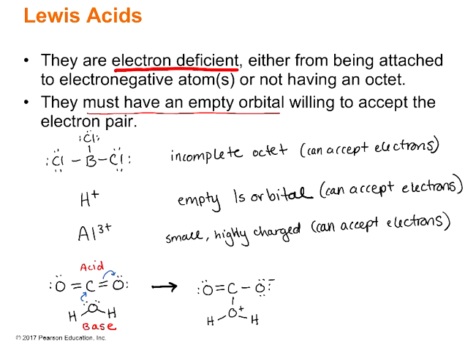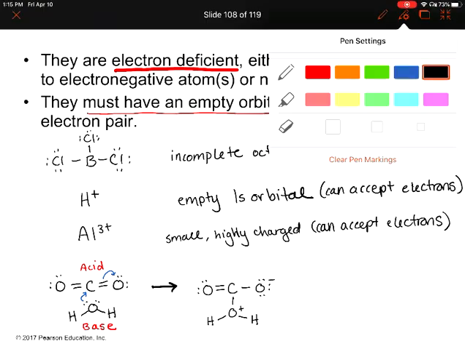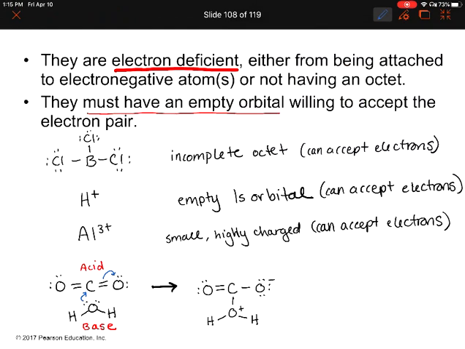Now what's really interesting is the negatively charged oxygen is going to be attracted to the hydrogen down below, and it can actually grab onto that hydrogen. And then the electrons between hydrogen and the positively charged oxygen will be left on oxygen.